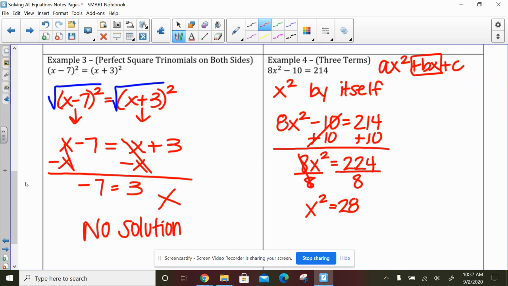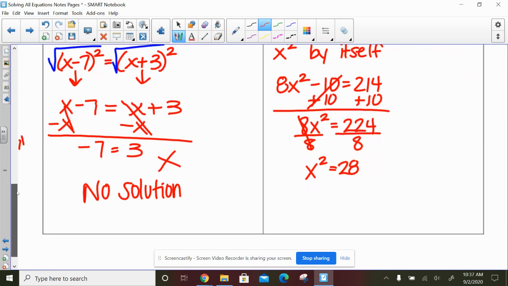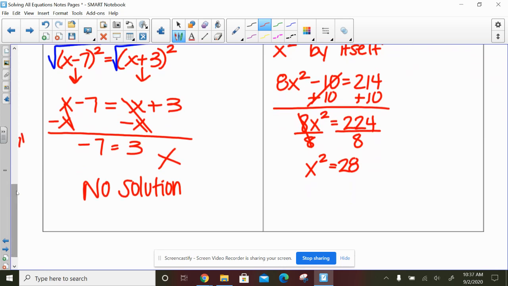And then the final step to get x by itself, you need to take the square root of both sides. So that'll be x equals plus or minus square root 28. Now, this is where some of the stuff from the first unit comes back in, because you can simplify the square root of 28. So I'm going to do that right here to the side. 28 can be simplified.